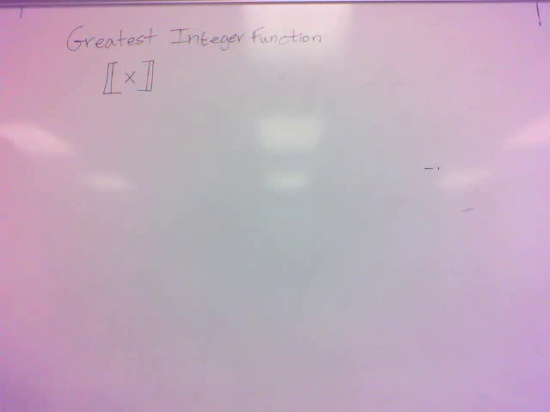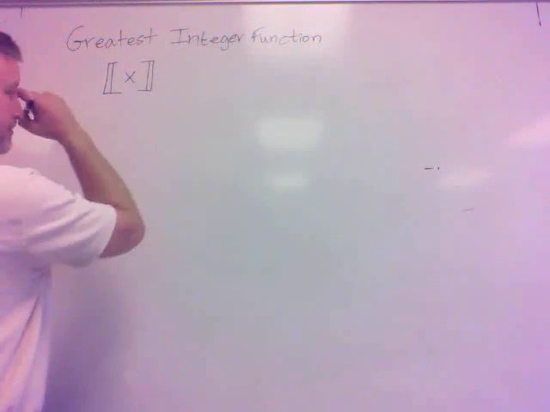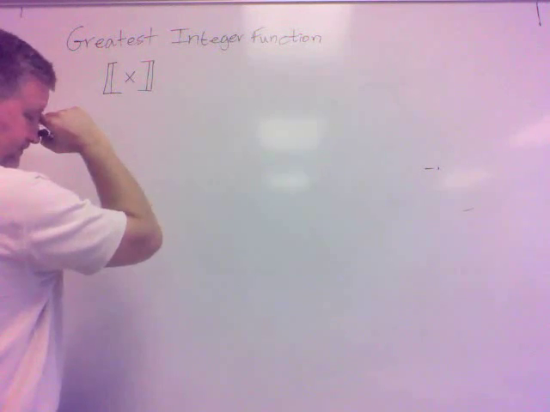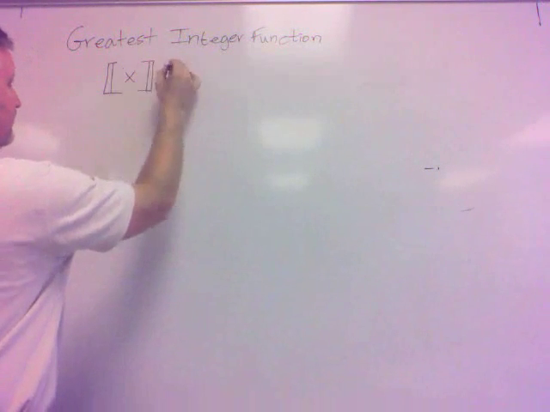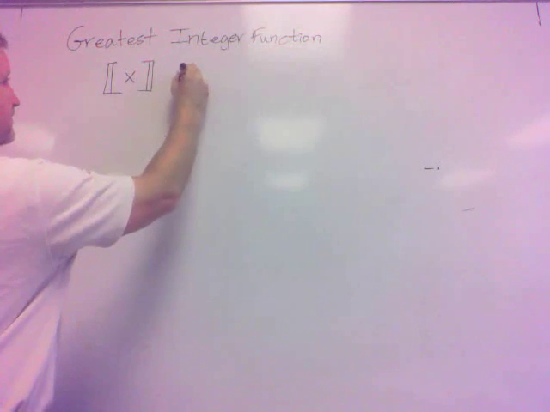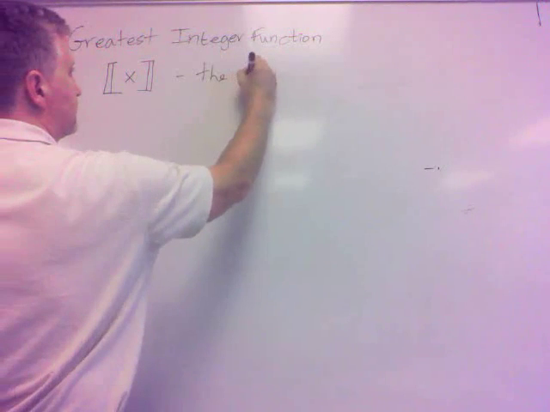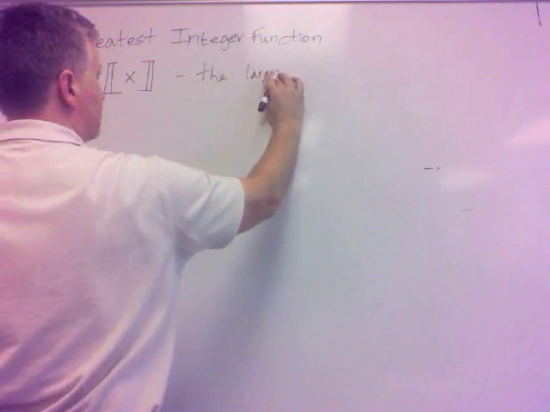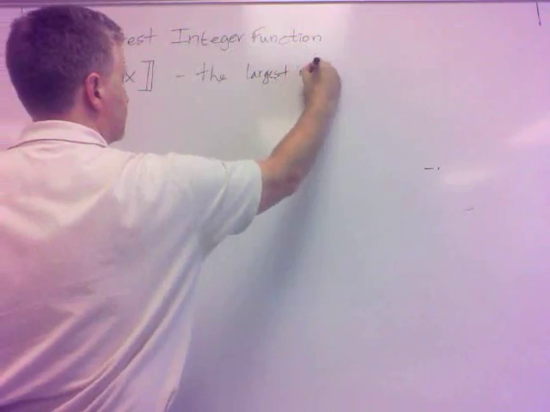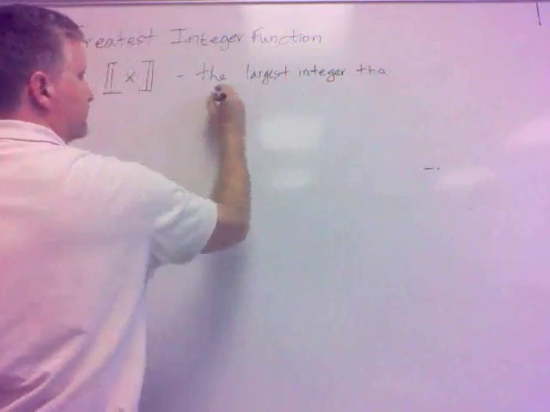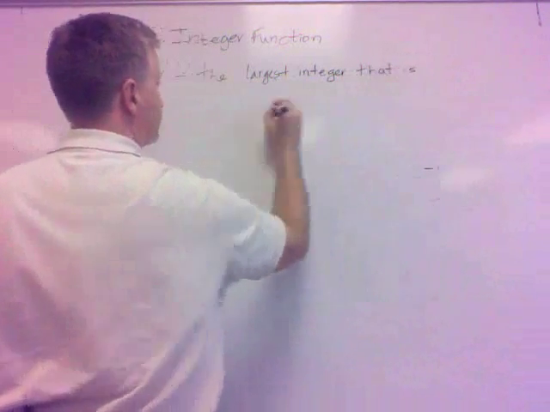But anyway, this is what it means. If you have the greatest integer of x, that means you want the largest integer that is less than or equal to x.